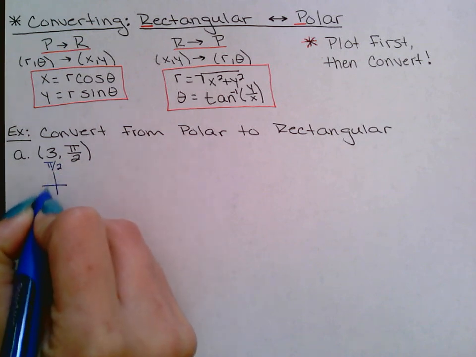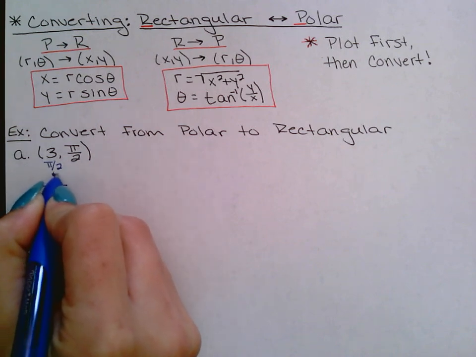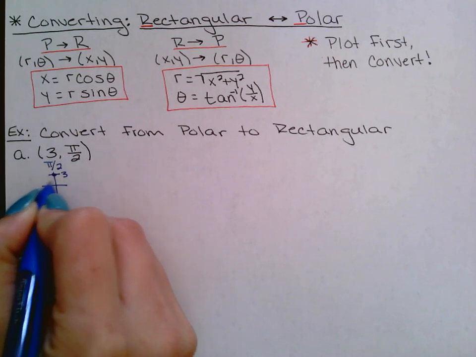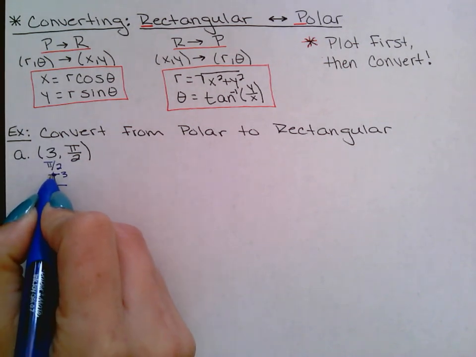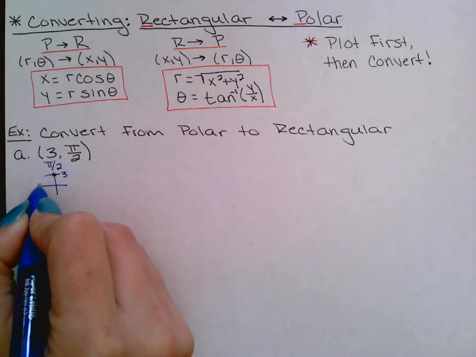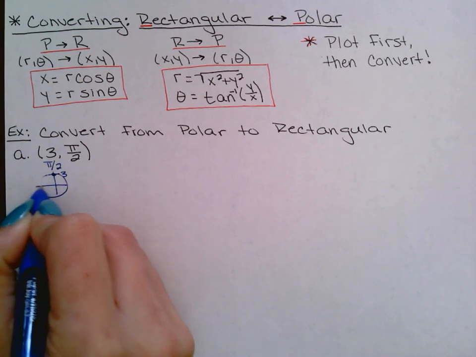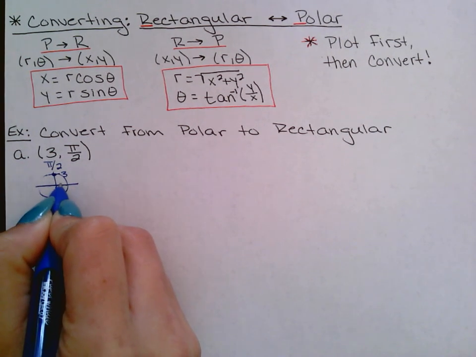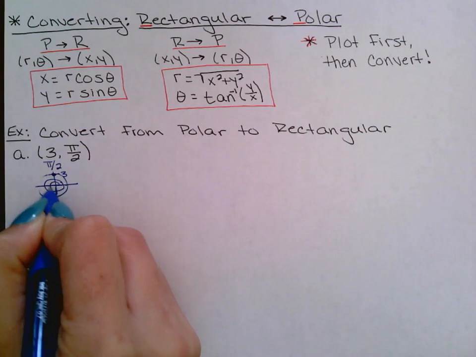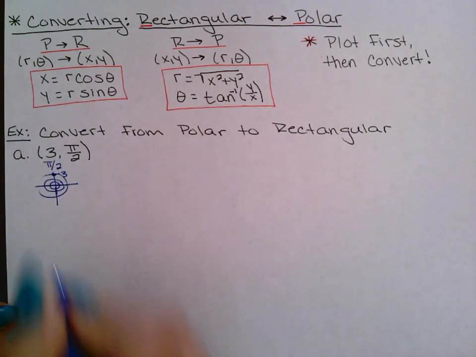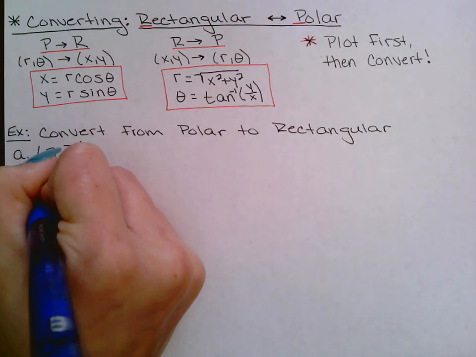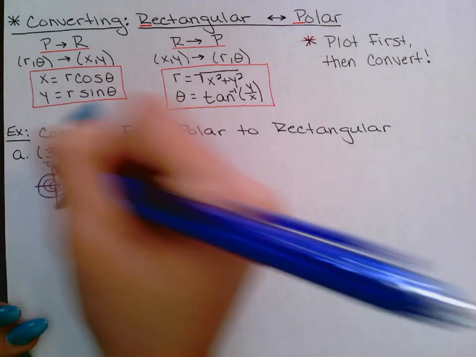And then if I had 3 rings, I would go 3 rings up towards pi over 2. So let's say that was my 3rd ring, and then I had a 2nd one and a 1st one. Don't mind my drawing. But at least I know that this is supposed to land up top on the y-axis.